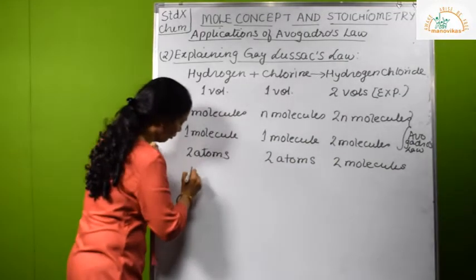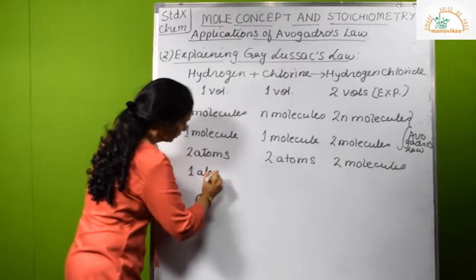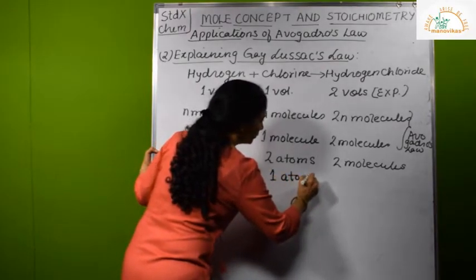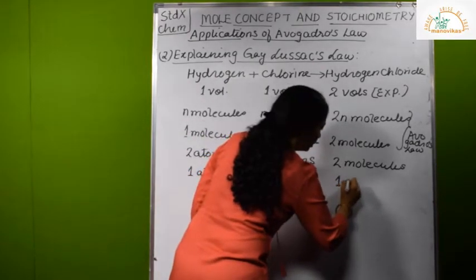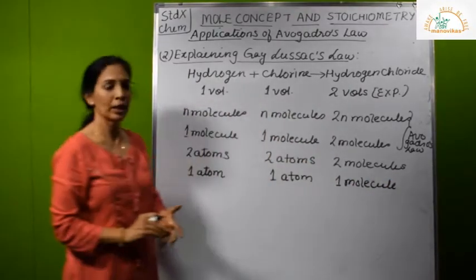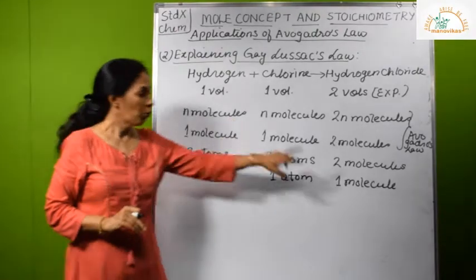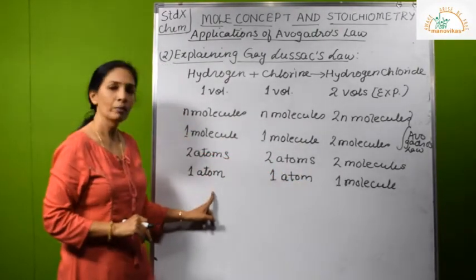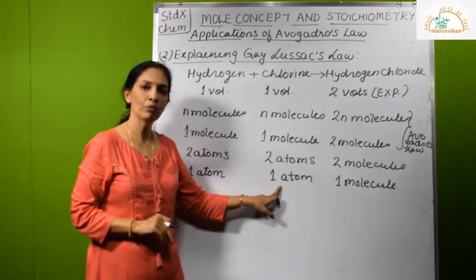Simplify it, 1 atom and 1 molecule. Okay. So what does it show? 1 molecule of hydrogen chloride gas has 1 atom of hydrogen and 1 atom of chlorine.